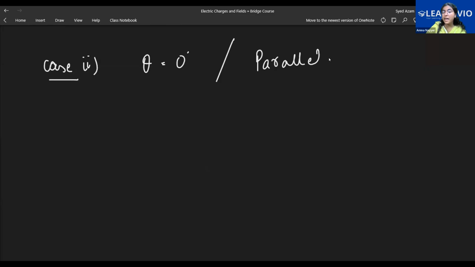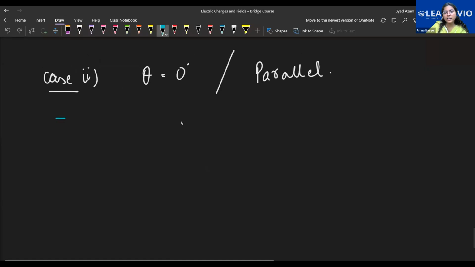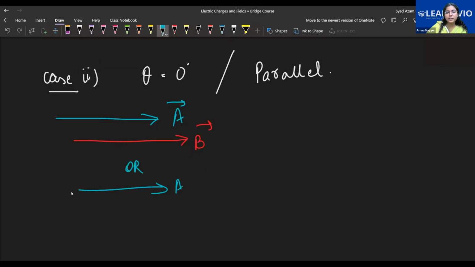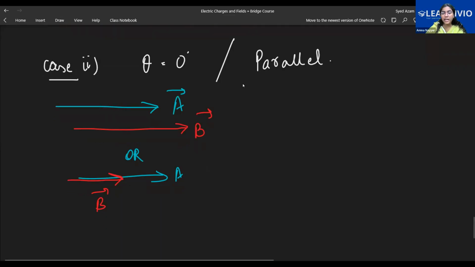Two vectors are parallel to each other. So this will be like, this is one vector a and this is another vector b. Or they could overlap also. This is a, this is b, like this. They can overlap also. They can make 0 degree angle between them also. Now look, in this case, what is cos 0 degree, Hadia?